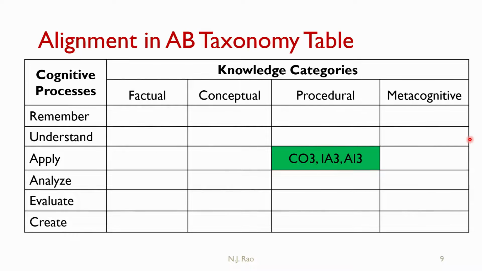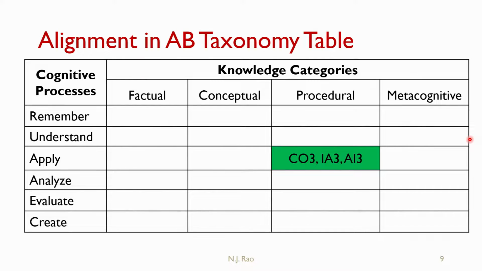And also, though metacognitive knowledge is important, I may or may not have the required resources to address the metacognitive level. So, what may happen is I am restricted to a 3×3 table rather than 6×4. Sometimes some courses, in fact many courses in many areas, stop with the cognitive process understand.